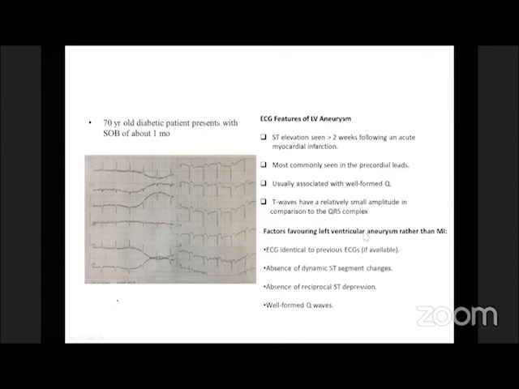Factors favoring left ventricular aneurysm rather than acute myocardial infarction: of course, if you have a previous ECG, absence of dynamic ST segment changes, absence of reciprocal change, there is no reciprocal change in this ECG, and well-formed Q wave.